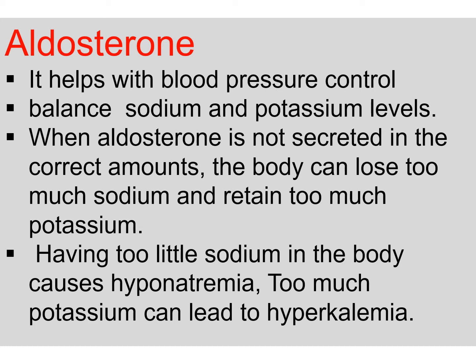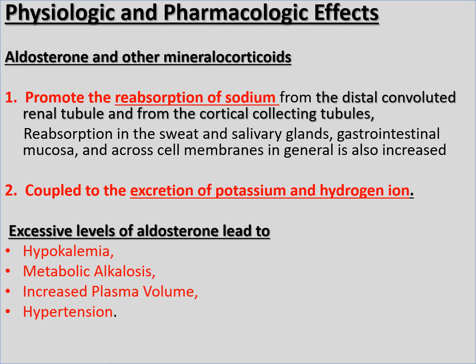And this happens when we don't have aldosterone. Aldosterone has certain physiological and pharmacological effects on our body. As you all know, it promotes the reabsorption of which salt? Sodium, from the distal convoluted tubule of the kidney and from the cortical collecting tubules.